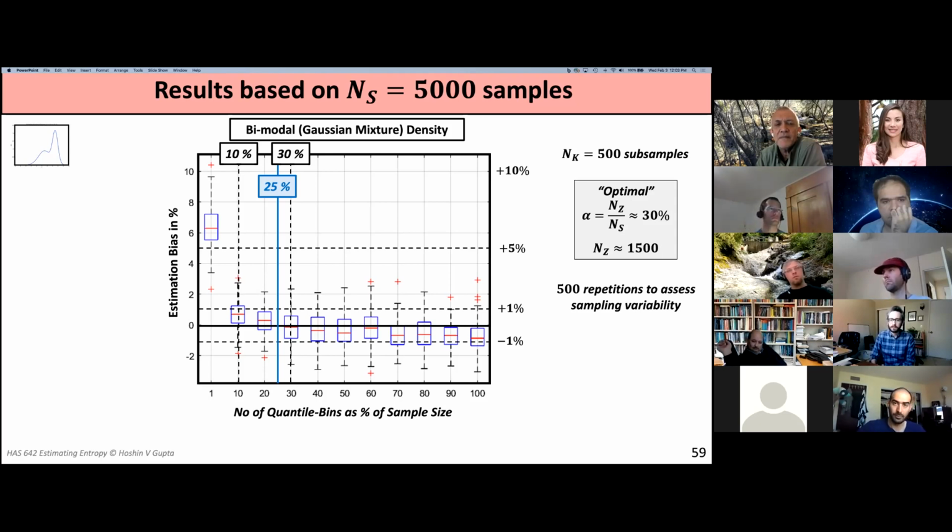Yes, so my question then is about the results you are showing here. We're taking advantage of the law of large numbers, and we're averaging, and that average is removing that bias.